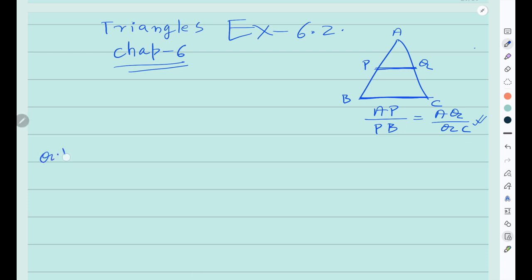Question number 1. In question number 1, it says that there is a triangle, let me draw the triangle ABC, and then it says that there is a line parallel to BC, designated as DE.